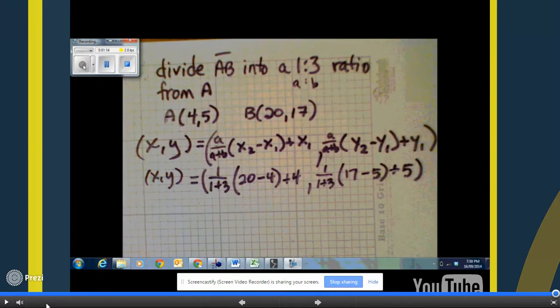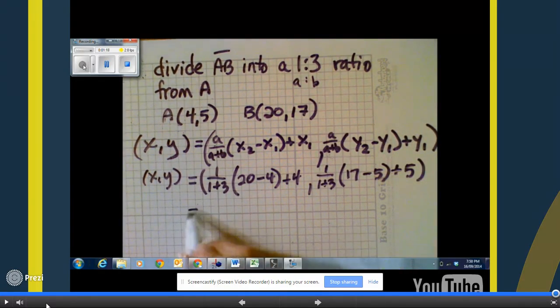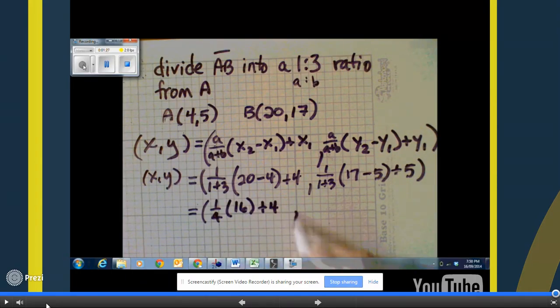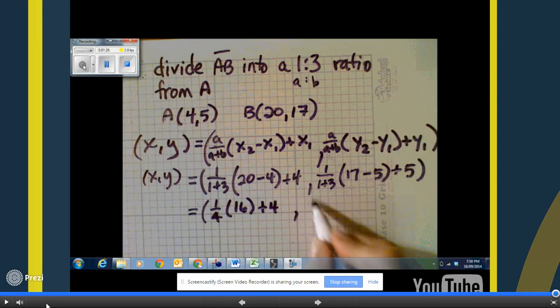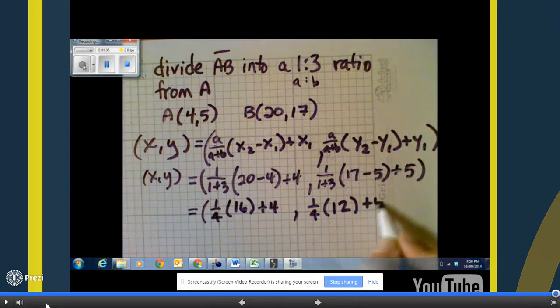So that's plugging in the formula. Now let's make sure our arithmetic is correct. This becomes 1/4. In the bracket we have 16, and then we add back the 4. For the y coordinate, it's the same thing, 1/4, 17 minus 5 is 12, plus 5. These numbers should get familiar from the other example. Order of operations says we do the multiplication first, so this becomes 4 plus 4.